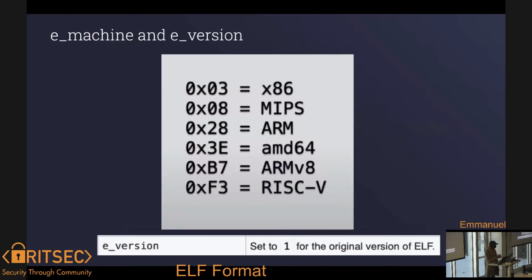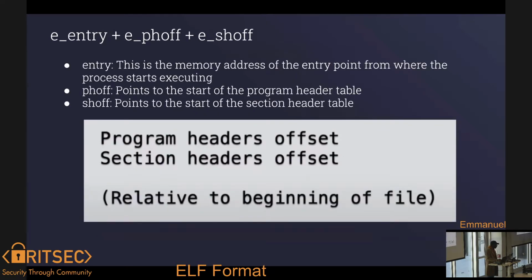The next part is the machine and the version. The machine just tells us the architecture. This is the list that they have: x86, MIPS, ARM, and all that stuff. And again, the version is just the version of ELF, which is always set to 1. Next is the entry point, something called the PHOFF and SHOFF.